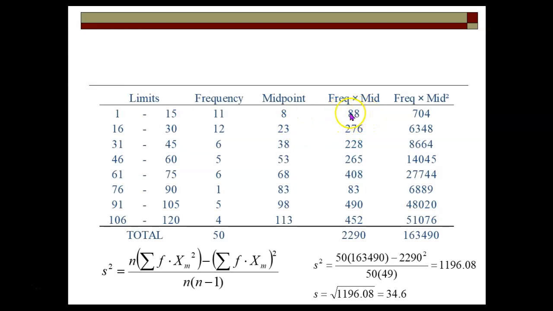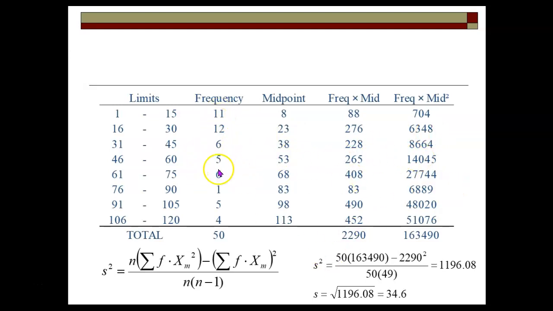We're not squaring the whole thing. We are just squaring the midpoint. So that would be 11 times 8 times 8, and that comes out to be 704. Then 12 times 23 is 276, and 12 times 23 squared, 12 times 23 times 23, is 6,348. So we do that for each row.